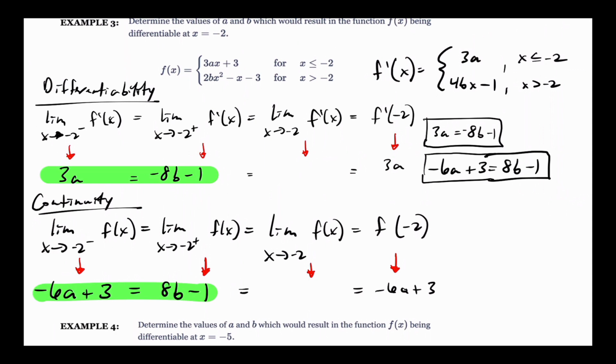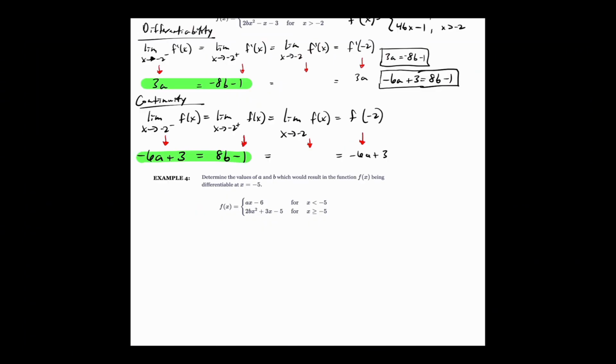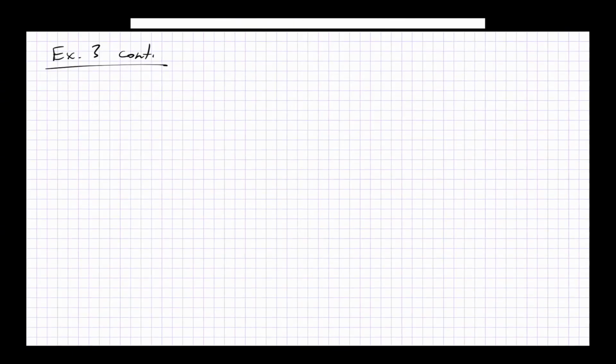Okay, how do I solve for a and b? We did this last chapter. I have my two equations. How do I use them to solve for either a or b? Okay, so what does that mean?